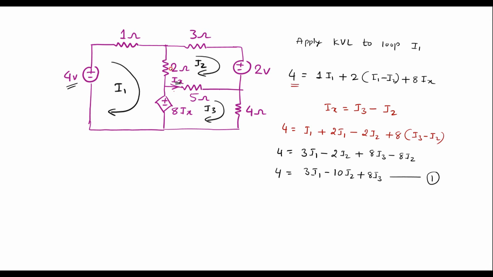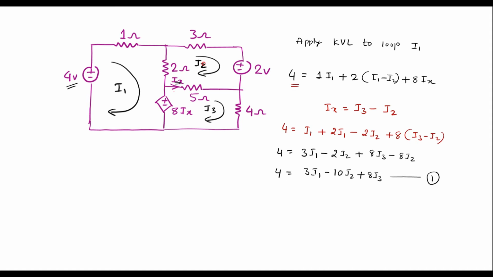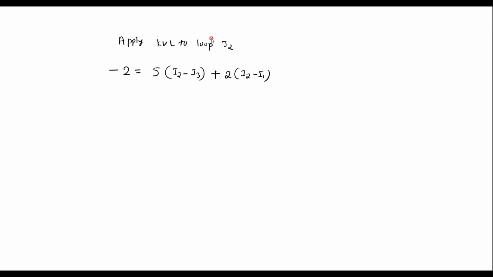Then the current will flow through the 2 ohm resistor. In the 2 ohm resistor, I1 is also flowing, so I can write plus 2 times I2 minus I1. Then I2 will flow through the 3 ohm resistor, that is plus 3 I2. Let me simplify. Minus 2 is equal to 5 I2 minus 5 I3 plus 2 I2 minus 2 I1 plus 3 I2.